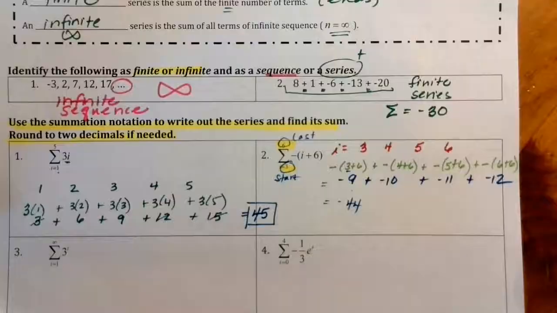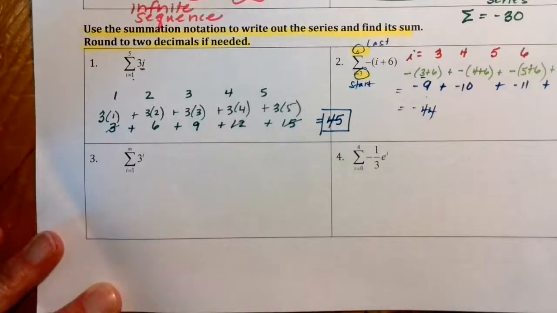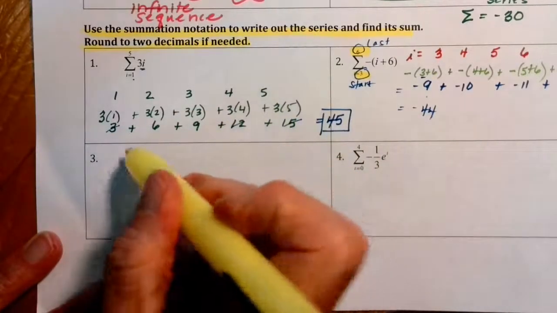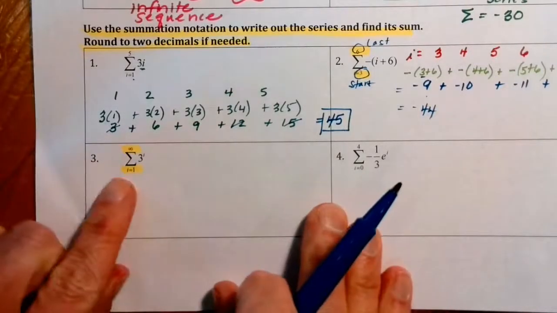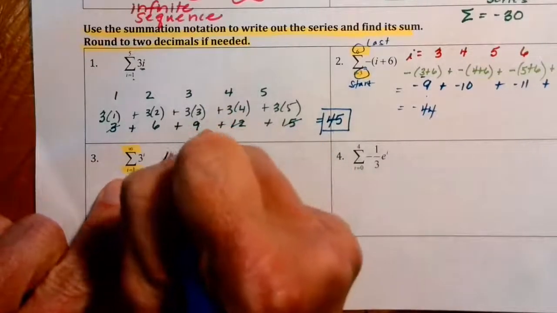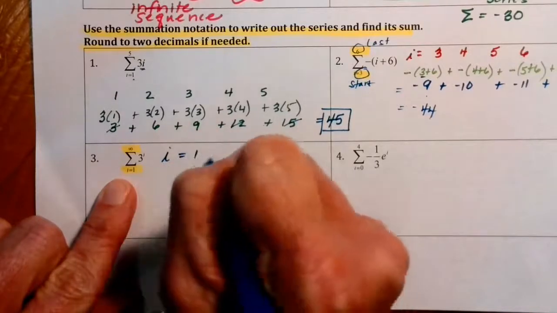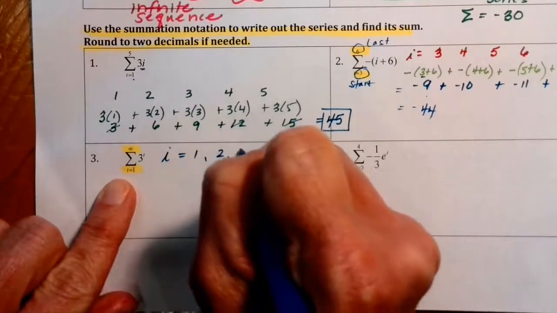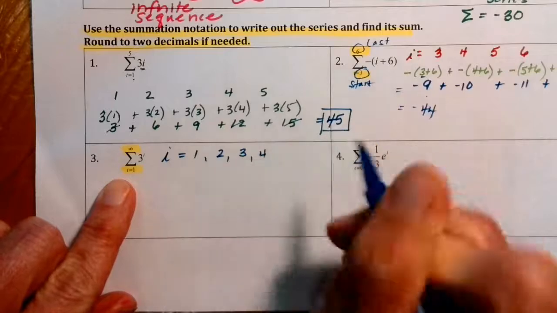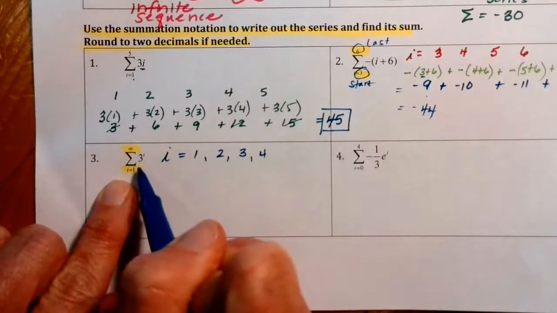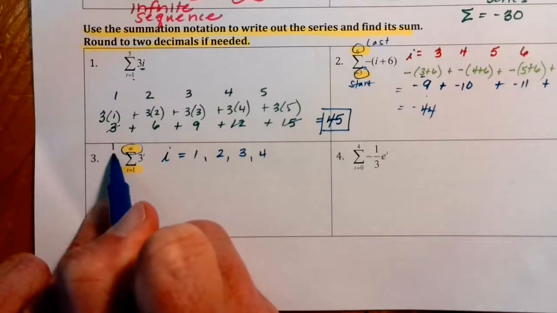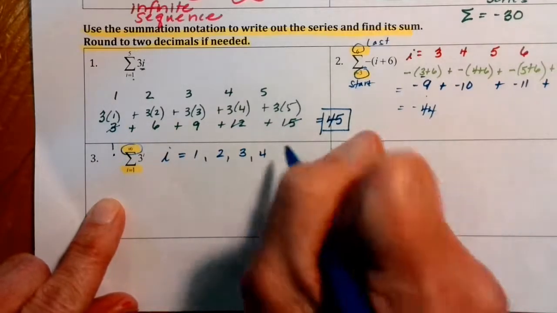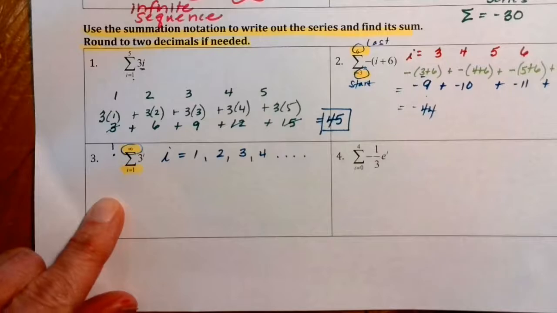All right, so what do you notice about this next one? Can you see it? So if I go to list my i's, I know that I'm starting at i equal to 1, and I'm going to go 2, and 3, then 4, and I'm going to take a look and say, wait a minute, how high do they want me to go? And when I look here, I'm like, wait, what? I'm going to keep adding forever.